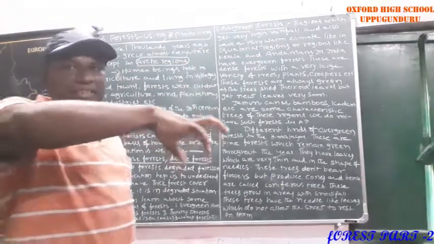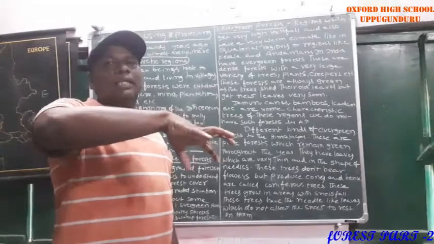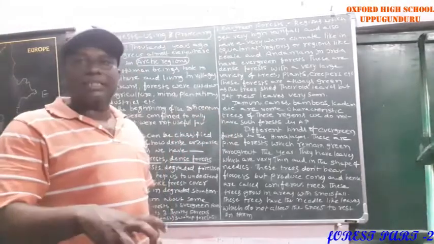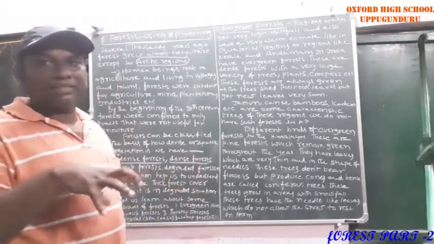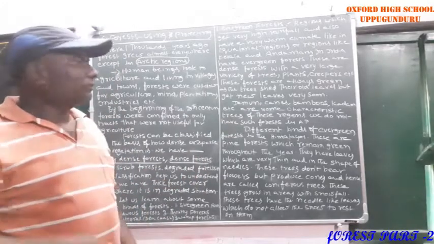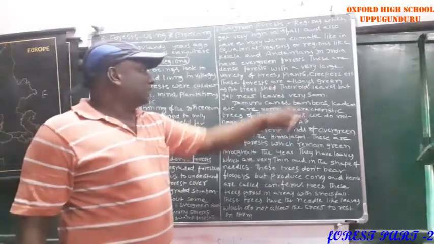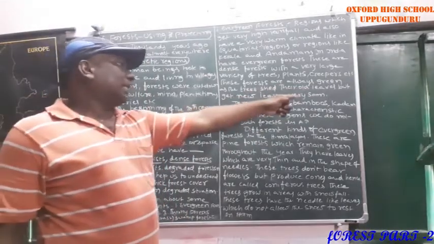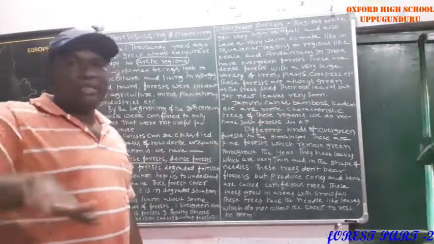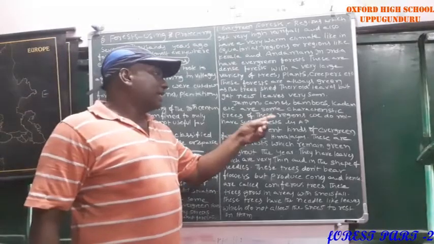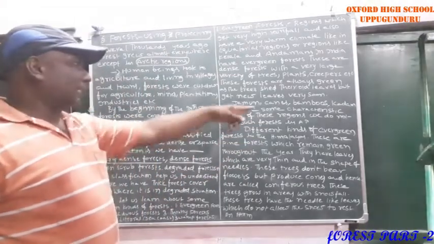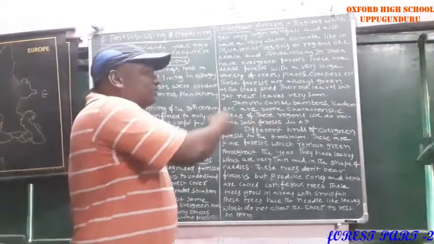If trees shed their leaves, new leaves come immediately. That is the great feature of evergreen forest. So these forests are always green, as the trees shed their leaves but get new leaves immediately. Jamun, canes, bamboos, kadam, etc. are some characteristic trees of these regions.